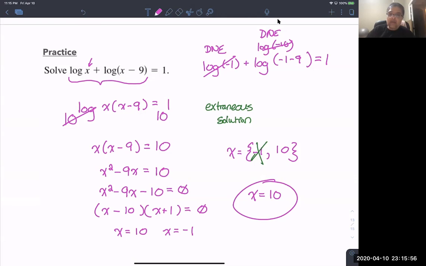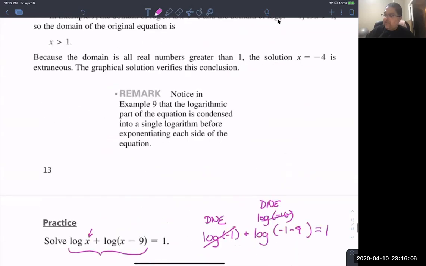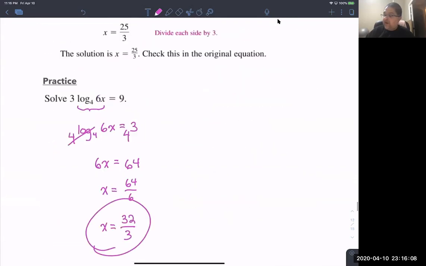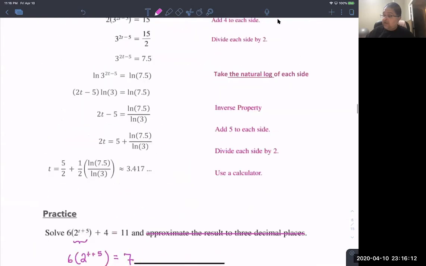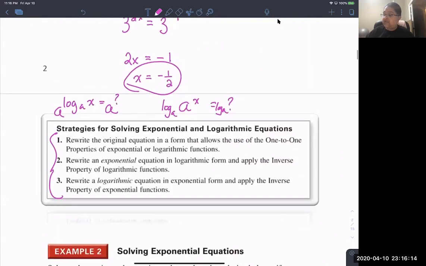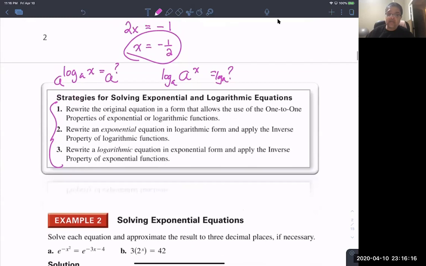And I will probably upload another video that will go through different problem types so that you can see how we approach each individual type. The main take-home point is that each problem, whether exponential or logarithmic in nature, needs to be approached on a case-by-case basis. There's no cookie-cutter way of doing it.